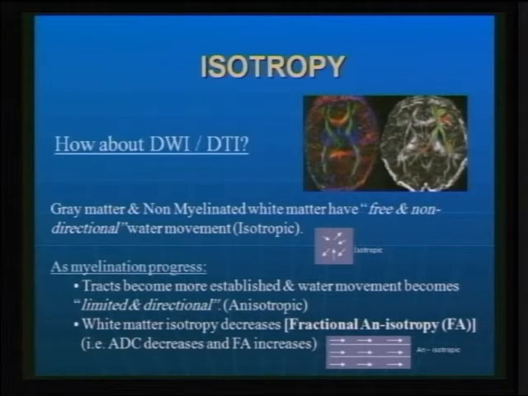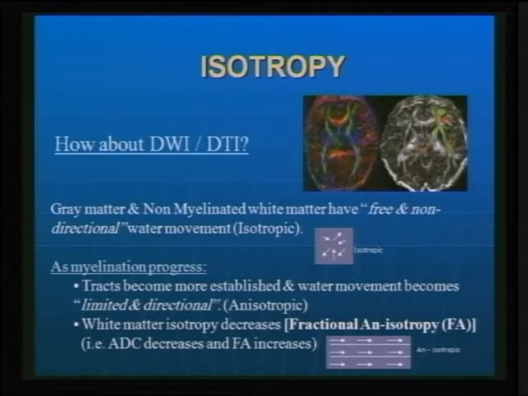As I said, fancy imaging is always nice to use, but plays a really limited role outside of research fields. Anisotropy using tensor imaging is important, and it basically identifies the development of tracts, which is formed by the development of the myelin. In the gray matter and in the unmyelinated white matter, water molecules do not have a directional flow.